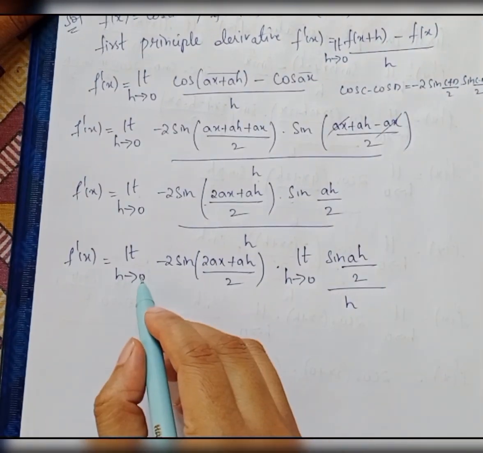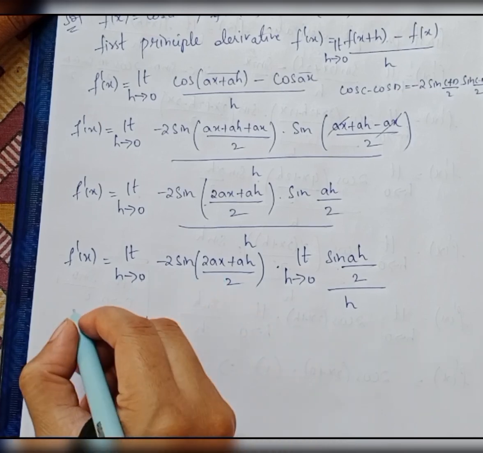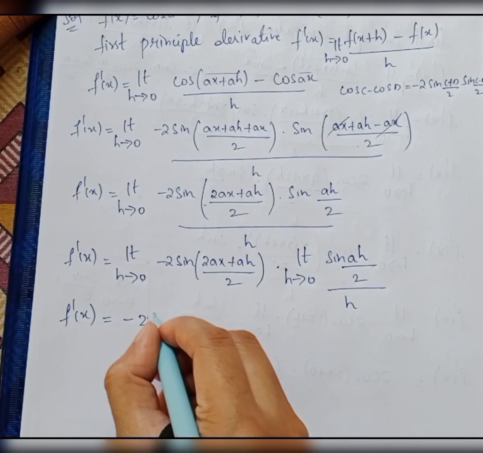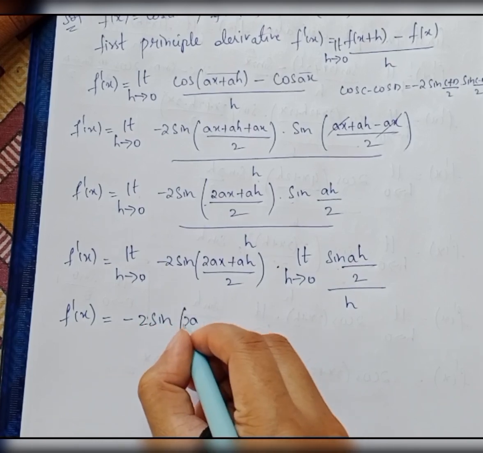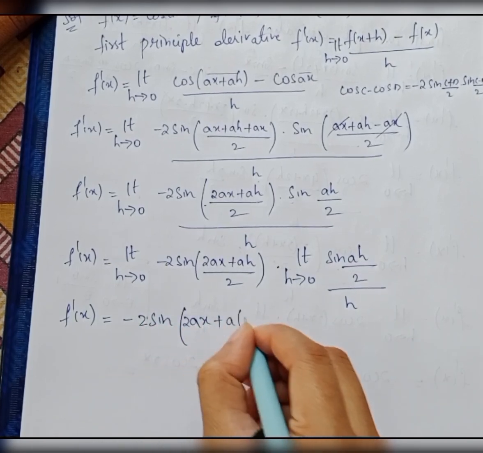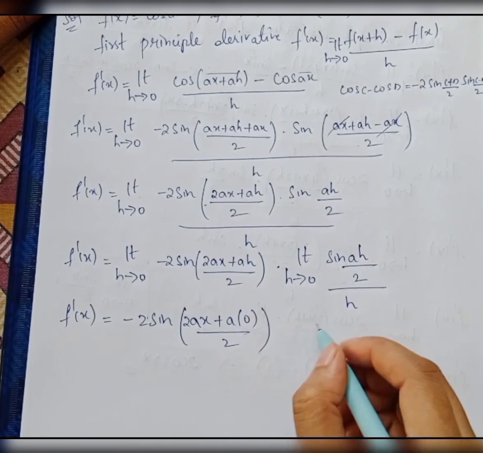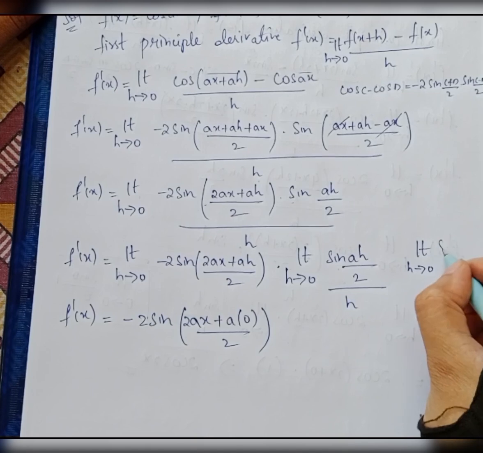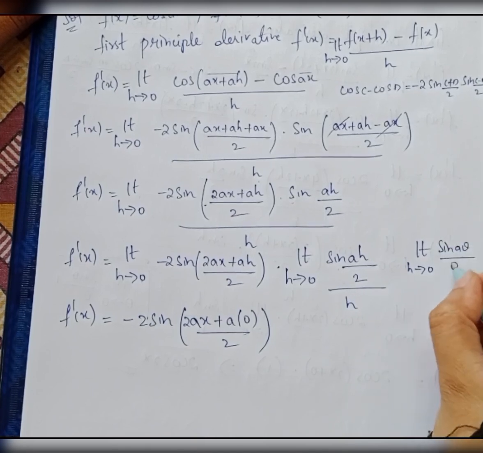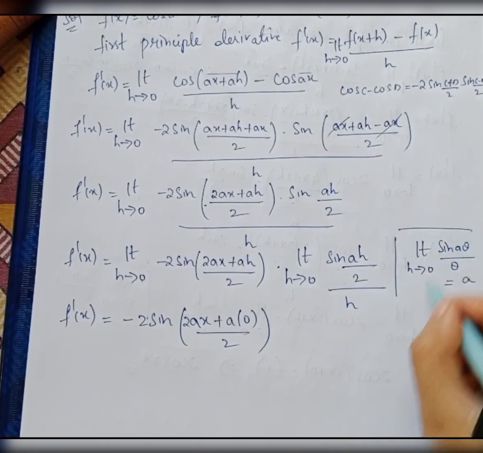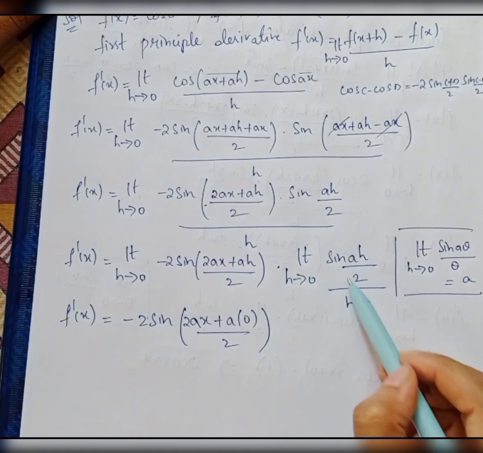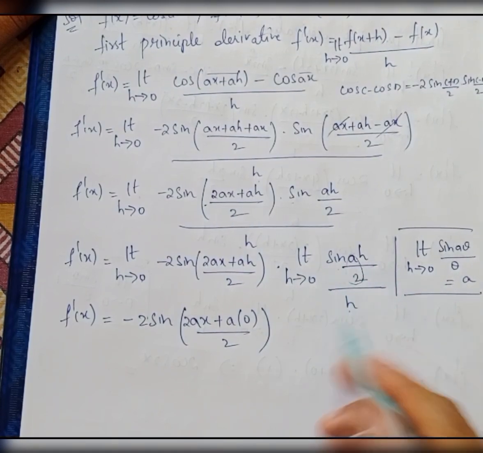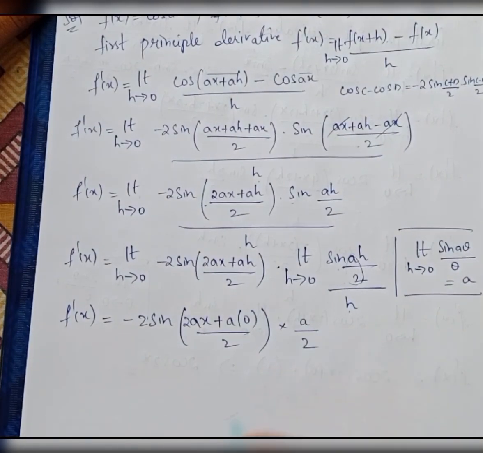Okay, so here substituting the value of h as 0, f'(x) equals minus 2 sin((2ax + a into 0)/2). Here it is again the formula: limit theta tends to 0 sin(a theta) by theta equals a. So here this term is completely a theta by theta. Okay, so this is a, so it will be a by 2.